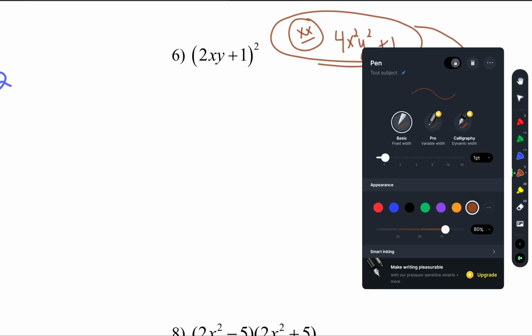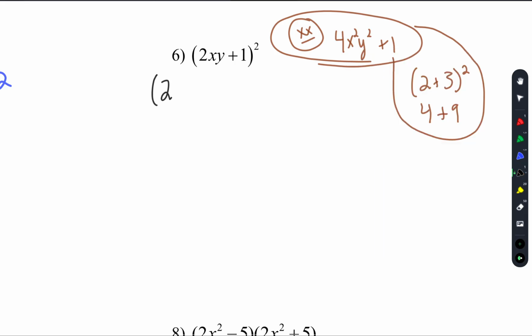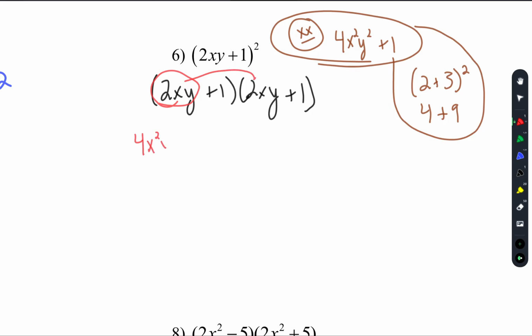So the reason this is death is because that's not what that is. So what you're going to do is rewrite it and distribute. So 2xy plus 1 times 2xy plus 1, and you're going to do your distributing. You're going to take 2xy times 2xy, so 4x squared y squared, 2xy times 1, 2xy, and then you're going to do the same thing with 1. So 2xy plus 1.